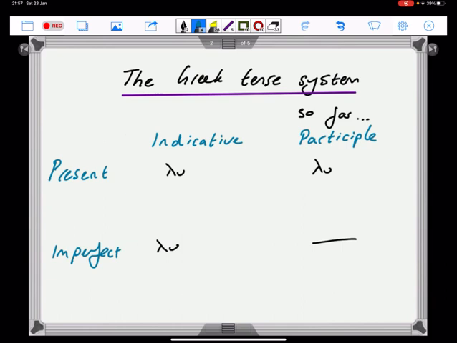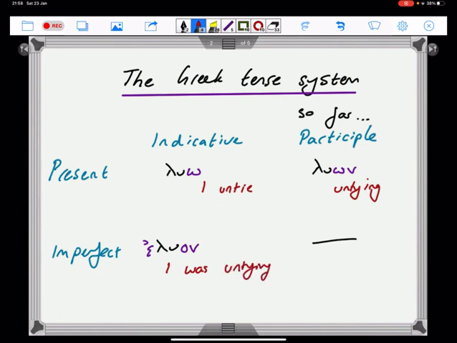You've had luo in the indicative, participle luon, and you've seen that the imperfect augments and has slightly different endings, meaning I untie, untying, and I was untying.